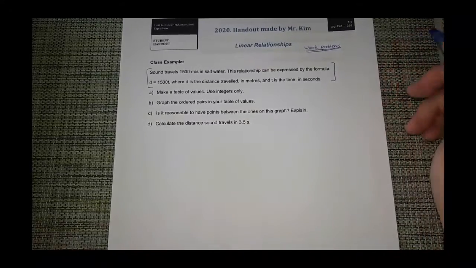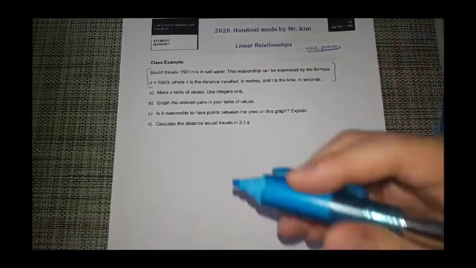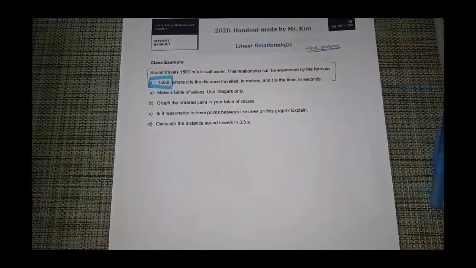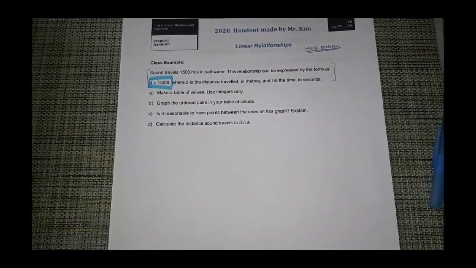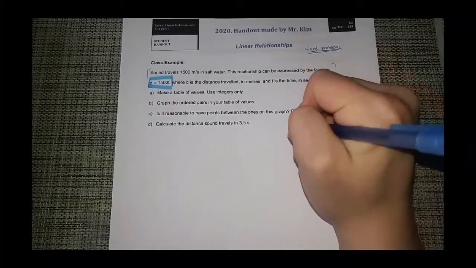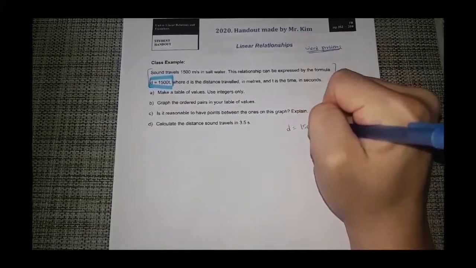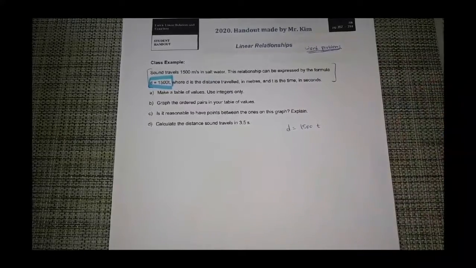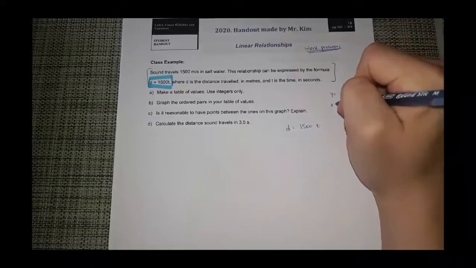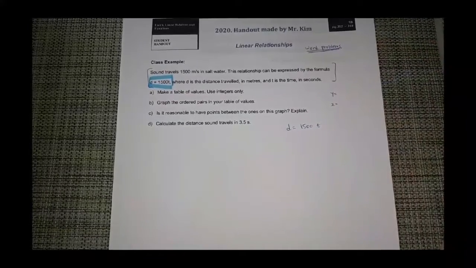Obviously, the most important clue is this linear relationship that is provided by the question: d = 1,500t. First things first, I'm going to copy this. And it is our job to figure out which one behaves as y and which one behaves as x.